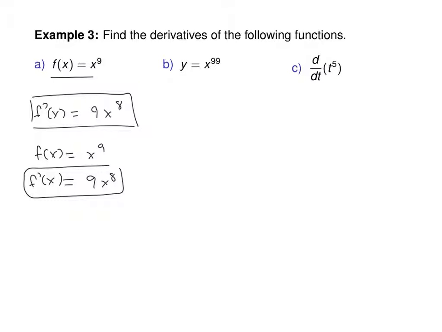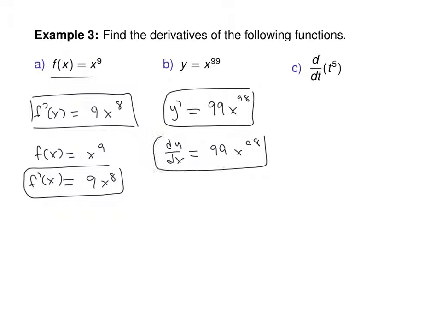If you have a y, you can say y prime equals, what is that going to be in this case? 99x to the 98. Exactly. The other notation you could use is dy dx equals 99x to the 98th. That's also okay.